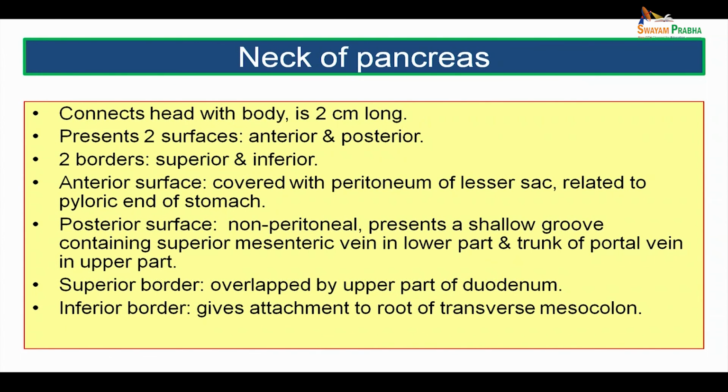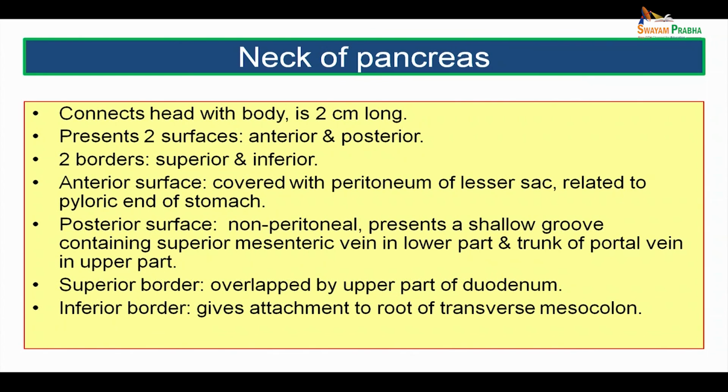Let us now move on to the neck of pancreas. The neck connects the head with the body and measures about 2 centimeters in length. It presents two surfaces, anterior and posterior, and two borders, superior and inferior. The anterior surface is covered with peritoneum of the lesser sac and is related to the pyloric end of the stomach.